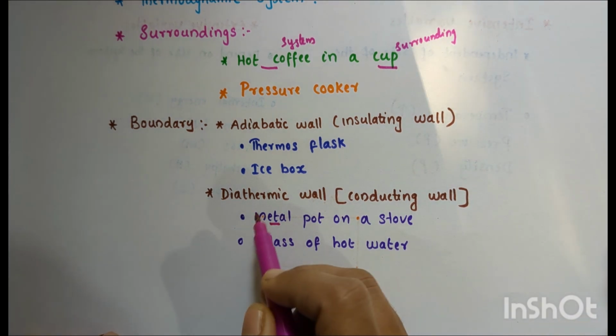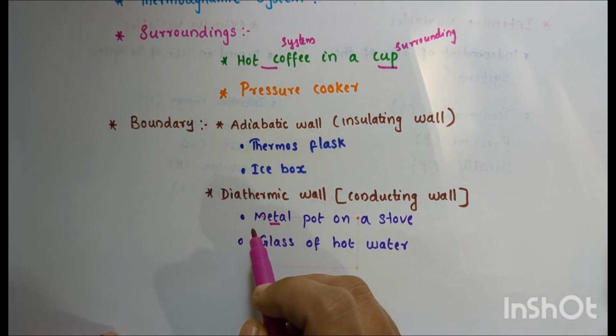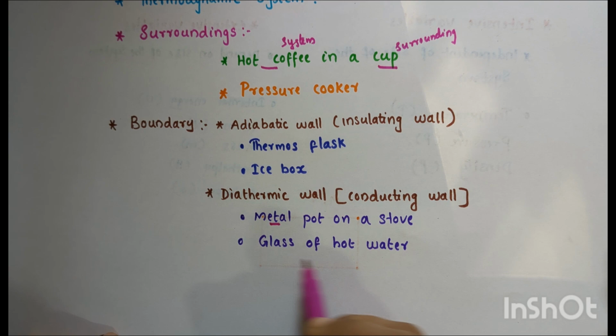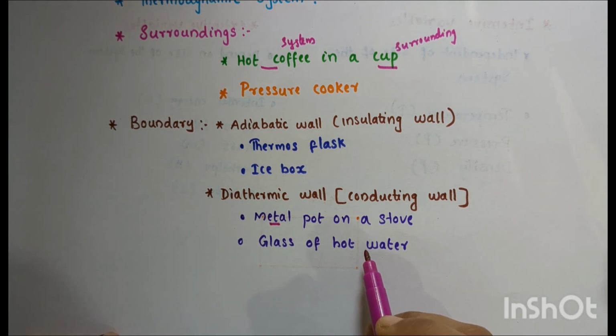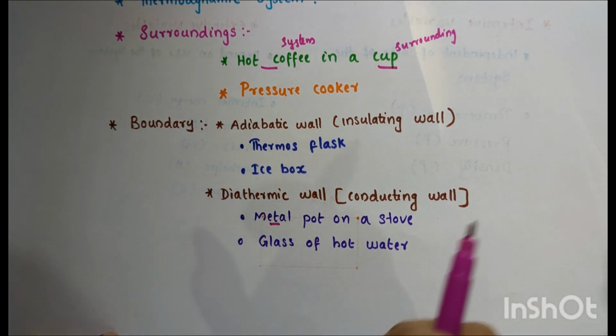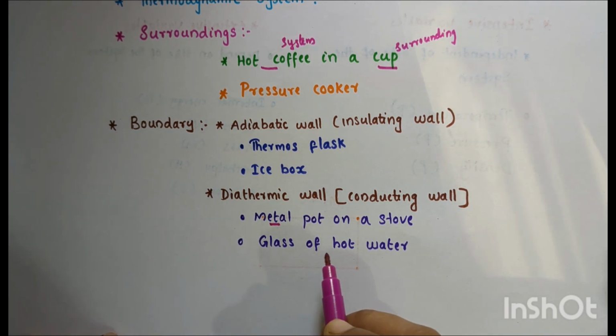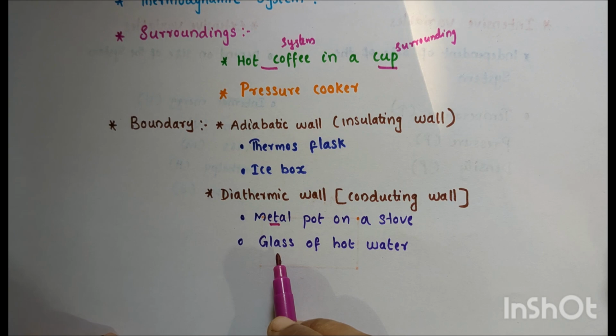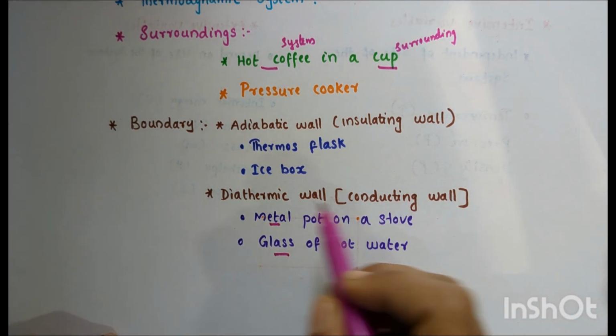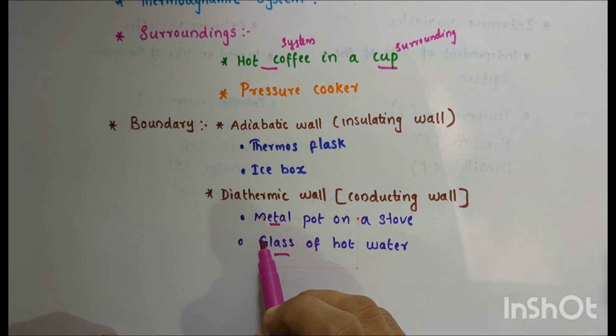So this metal wall is actually a diathermic wall. And if you consider a glass of hot water, when you touch the glass surface, you can feel the hotness. So the glass wall conducts heat and allows the outer surface to feel warm. So the glass wall is an example of a conducting wall or a diathermic wall.